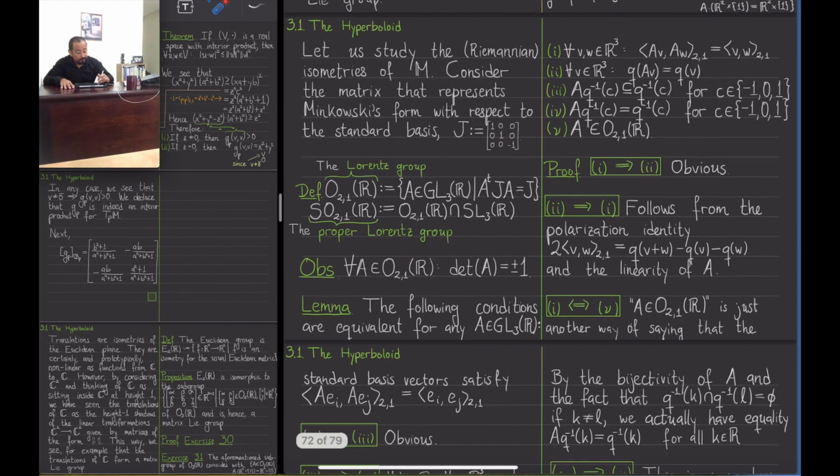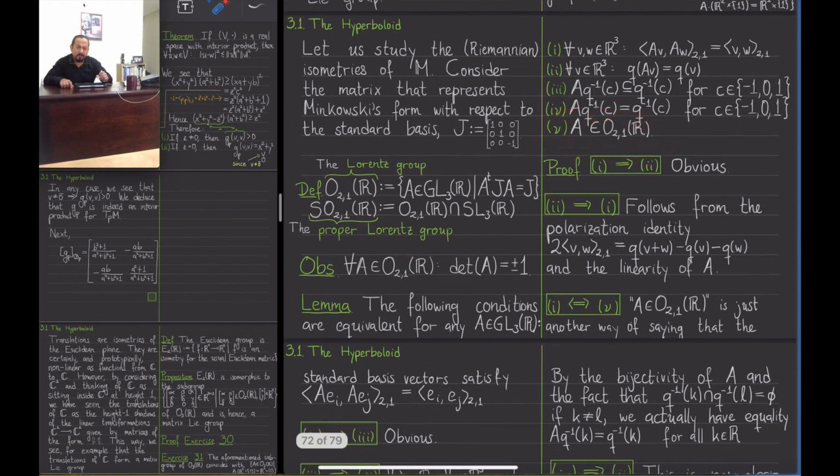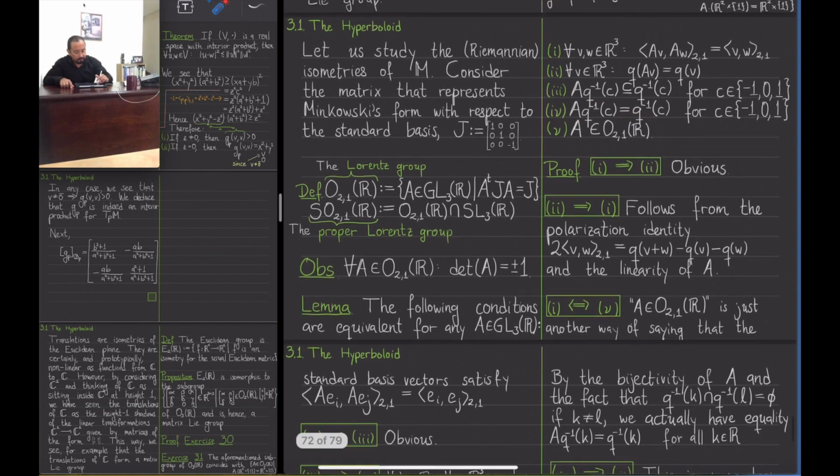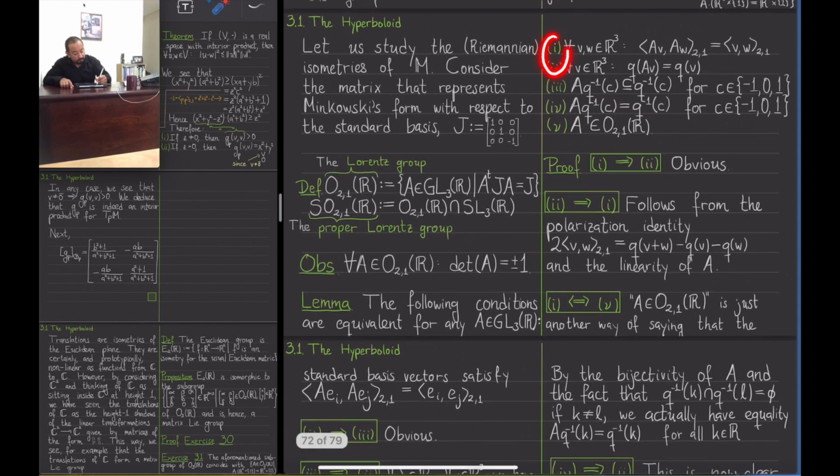So 5 implies 1. Sorry, I had said 4, it's 5. It's quite obvious. So we know we have 1 if and only if 2, and 1 if and only if 5.